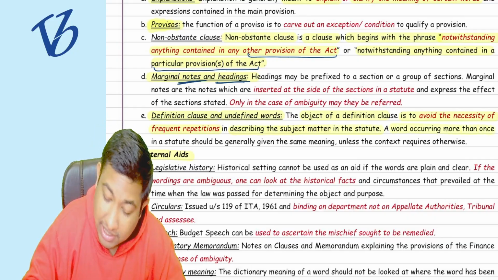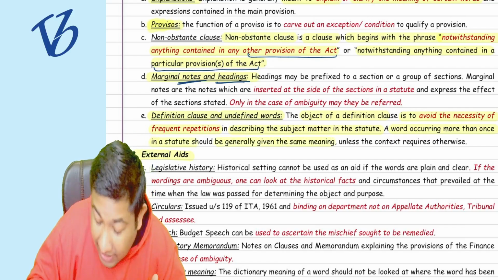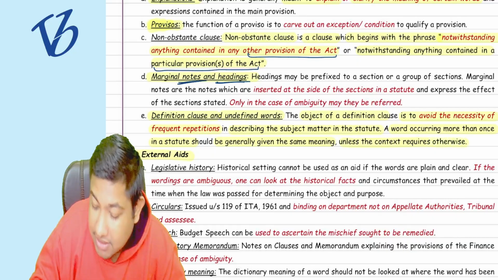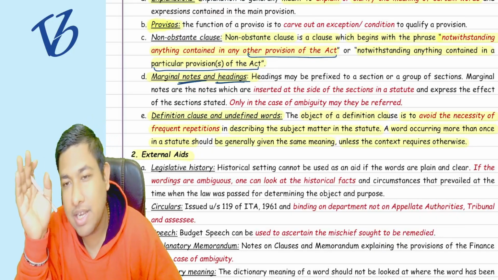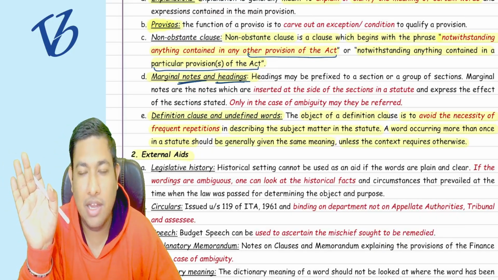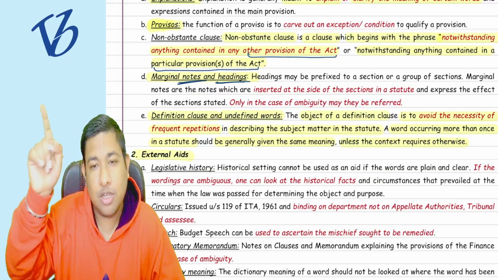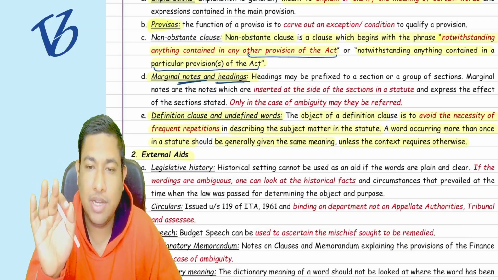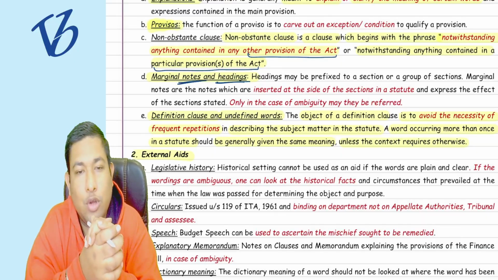A word occurring more than once in a statute should generally be given the same meaning unless the context requires otherwise. If some other provision gives a different definition, then for that particular provision follow that; otherwise generally the section number 2 meanings will be followed.